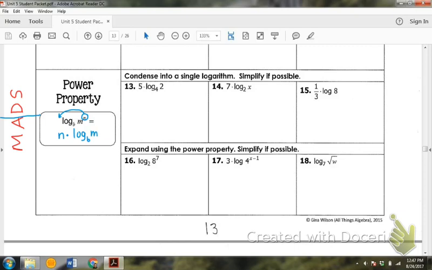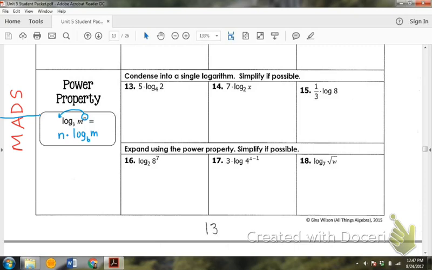So the power comes out to be a coefficient and it gets multiplied times the log. Vice versa, if it's a coefficient, it can go out and be an exponent if you're trying to condense it.